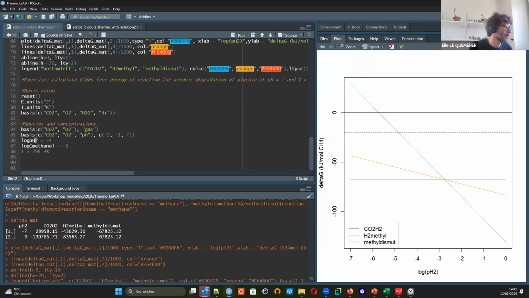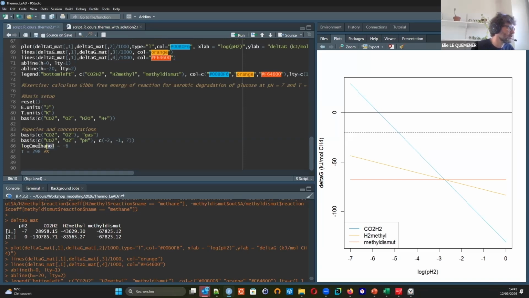And I can define some concentration for my glucose. The log of the concentration of glucose is minus 3, so the concentration is 10 to the minus 3. Temperature is okay. And then I just want to run my function.